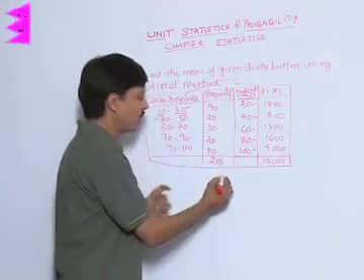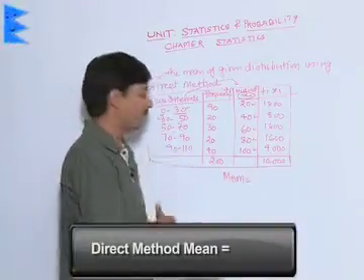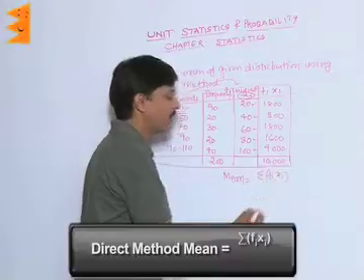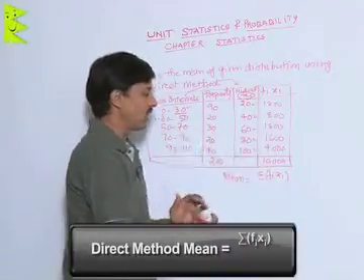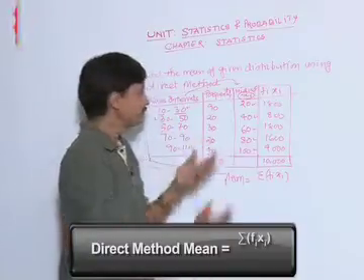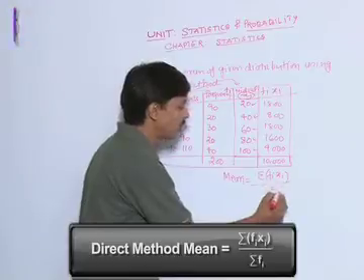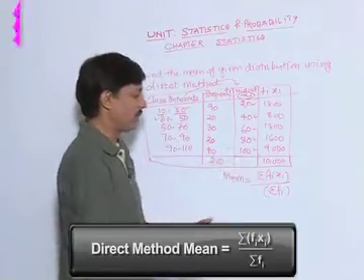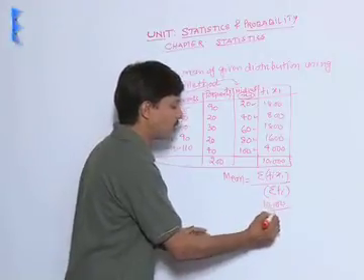The formula for calculating the mean using the direct method is mean equals sigma fi xi, the sum of the products of frequencies and the observations, that is the mid value or class mark, divided by sum of fi. Sigma fi xi upon sigma fi is 10,000 upon 200.